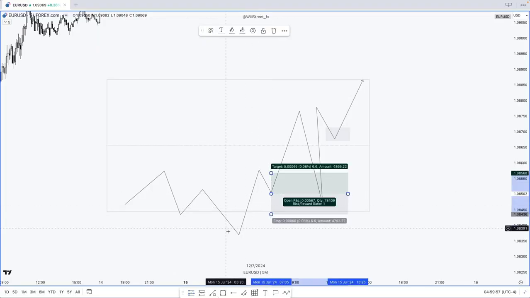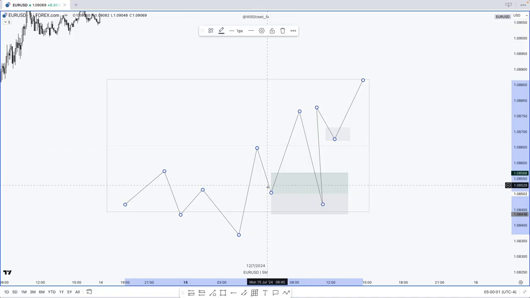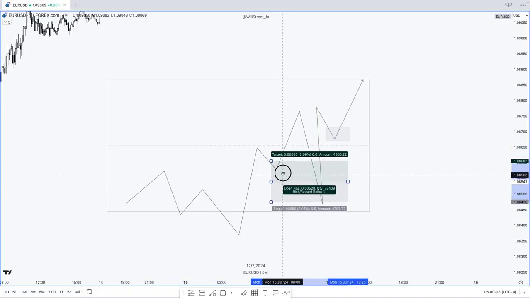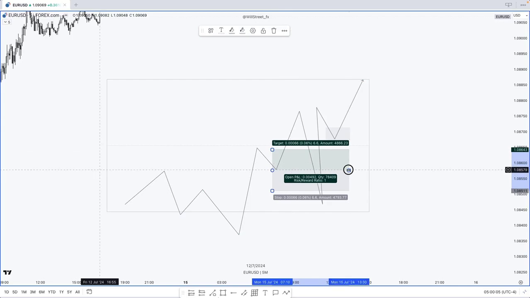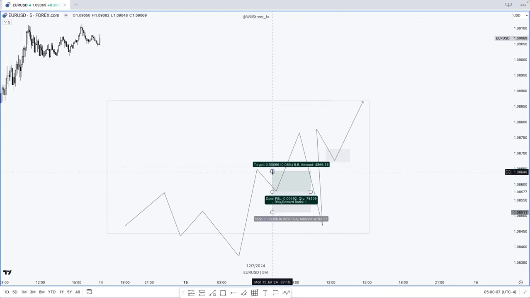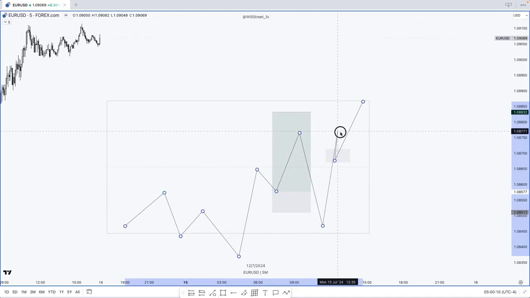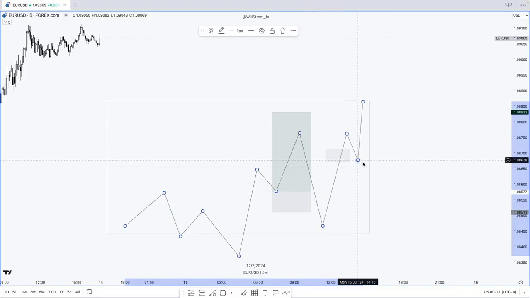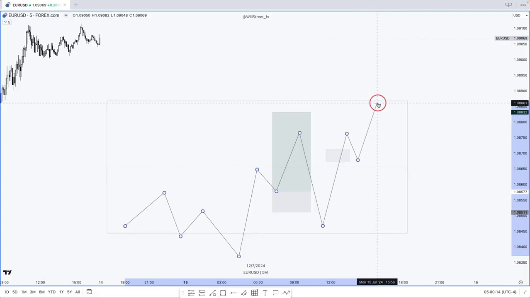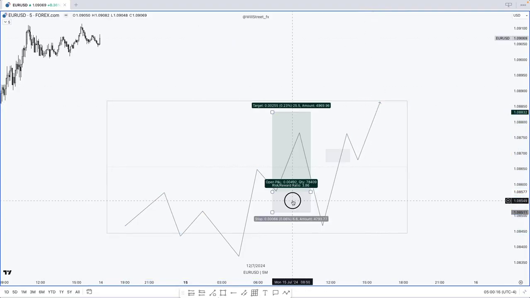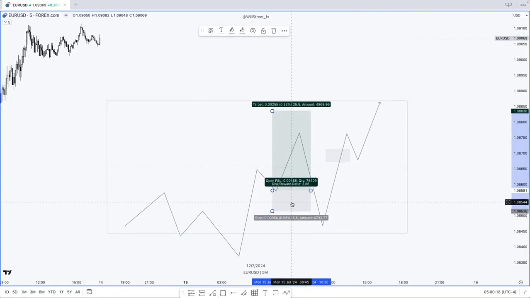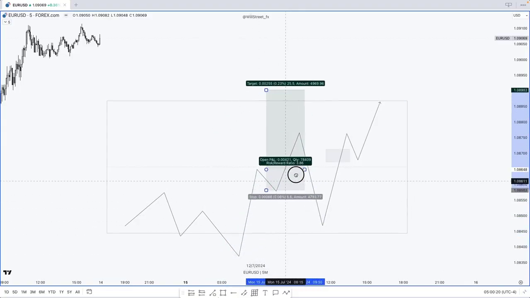This is not the most optimal. Imagine this: you are here and you got stopped out. And price is what? It reverses into our terminal liquidity. Okay, that's why I'm buying here and I'm buying here.